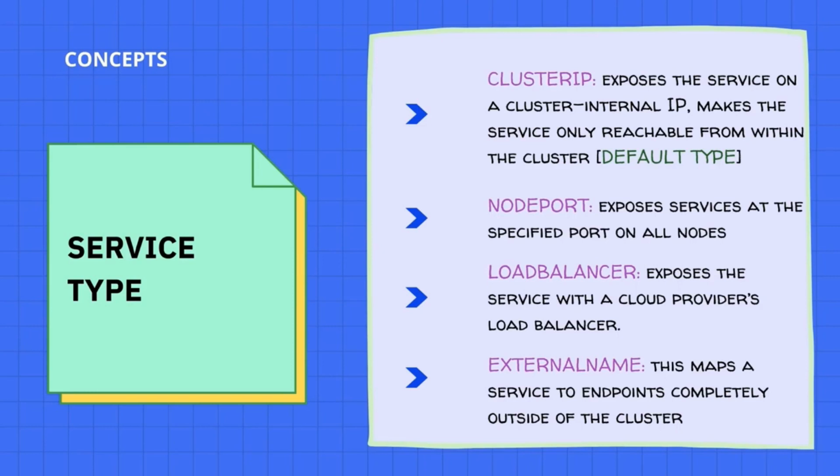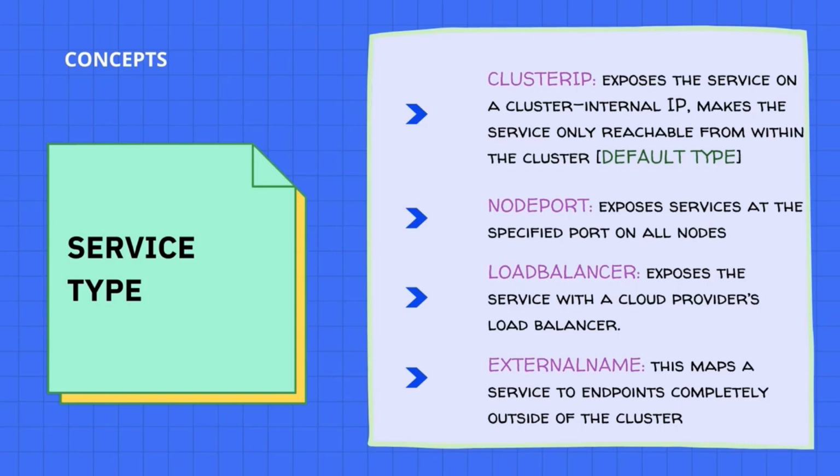The second one is called node port. Node port exposes the service at a specified port on all the nodes. So let's say if we have 3 nodes running, and we have a service that should be running on port number 80, it will expose it so that all the running nodes can access it on that port number 80.